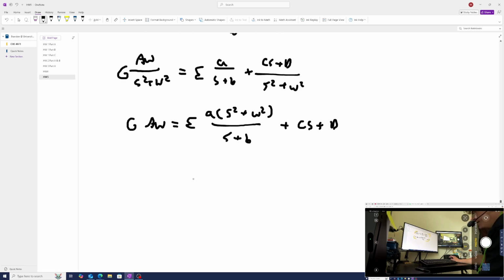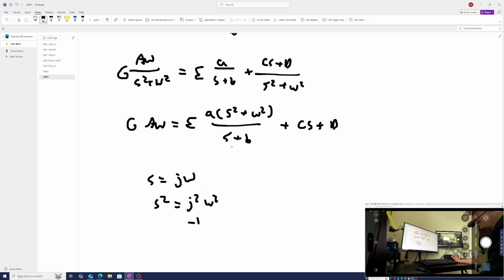If we were to now let our s be equal to omega j, we know that s squared will be equal to j squared times omega squared, j squared being -1.